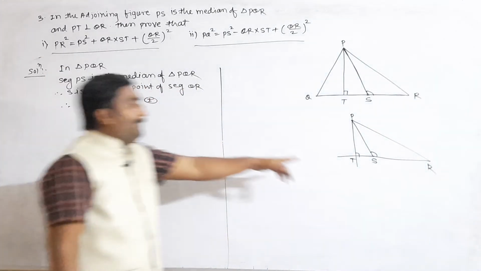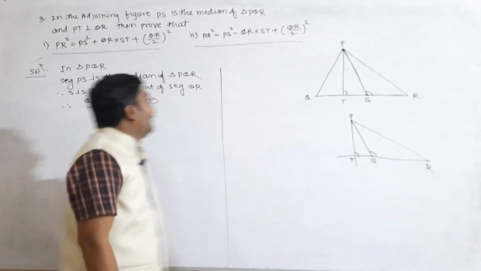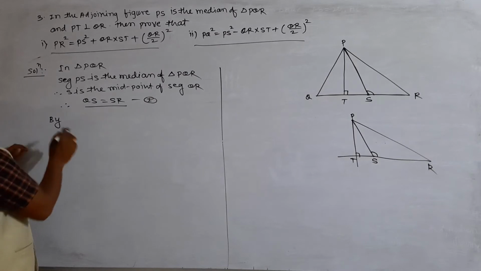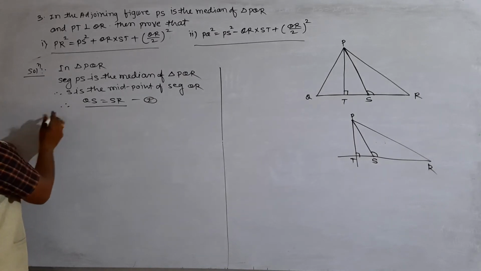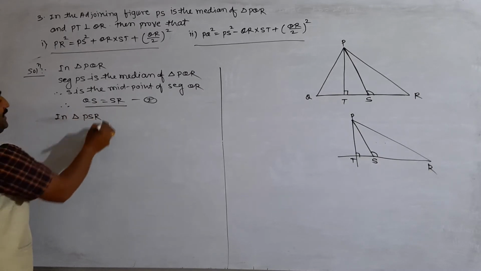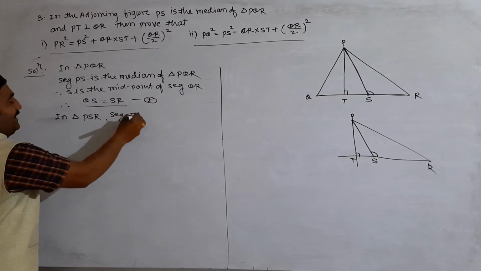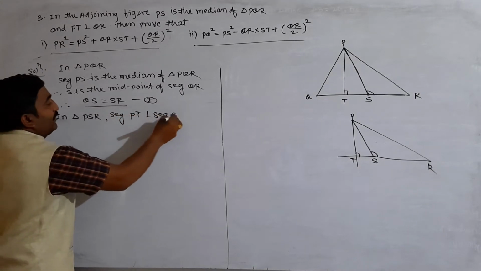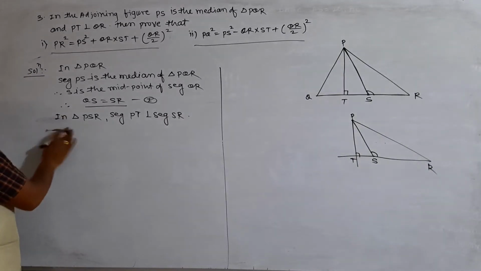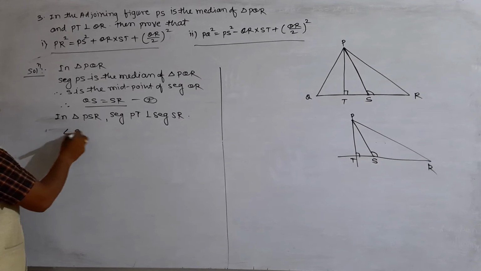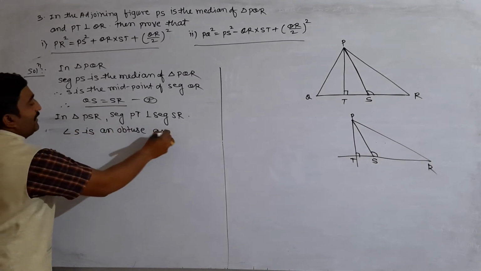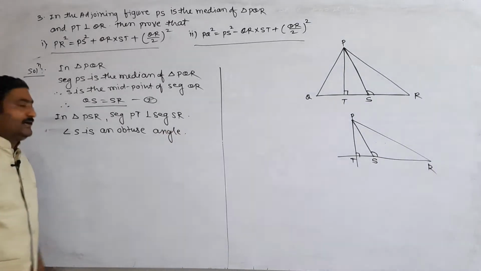So by application of Pythagoras theorem, first in triangle PSR, segment PT is perpendicular to segment SR. Angle S is an obtuse angle.